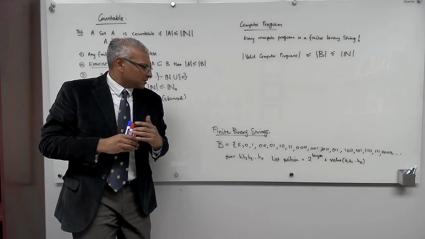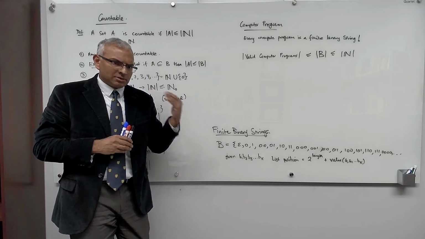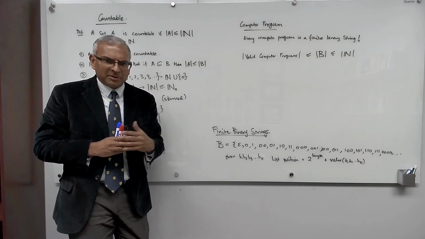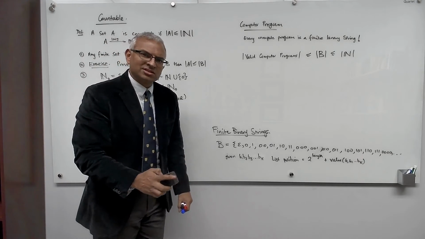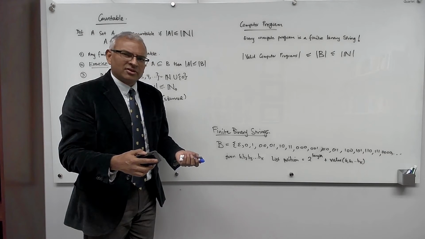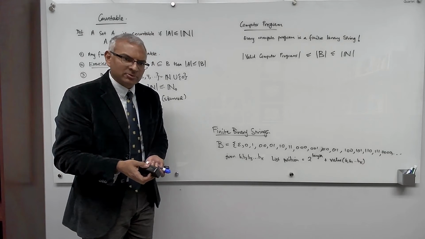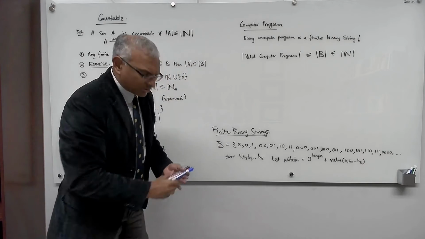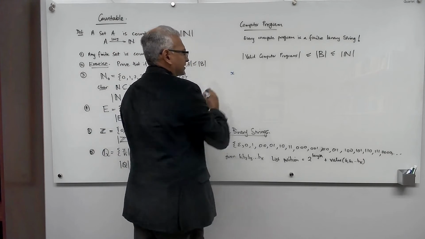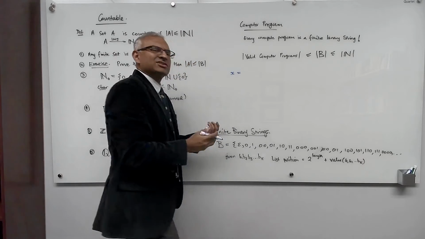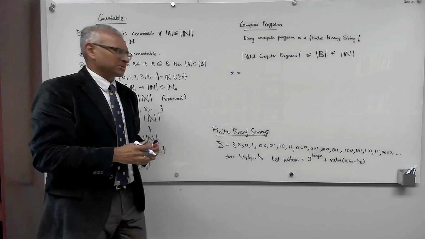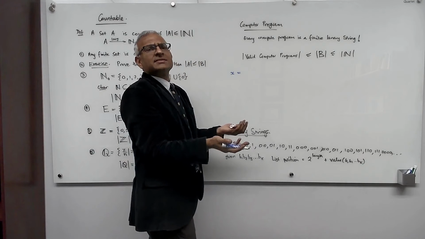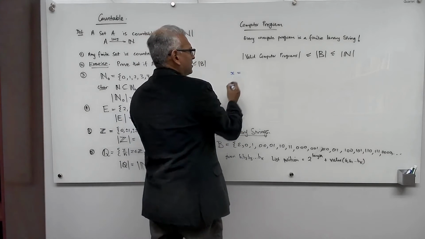Now, related to the real numbers are the infinite binary strings. Let me show you that relationship at a very high level without getting into the details. Let's look at a real number x, and let's look at the real numbers between 0 and 1, just for simplicity. So x has a binary expansion, as a decimal.